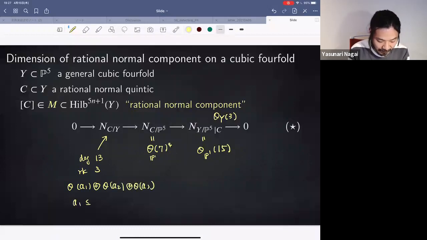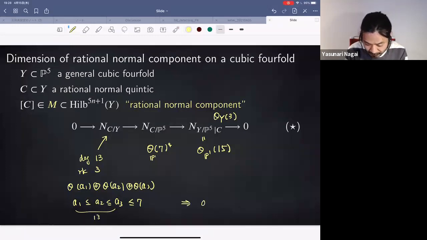And we can safely assume these relations, and of course this maps to this line bundle. So this degree is bounded by 7 from above, and the sum of these three numbers is 13. So this implies a1 is at least -1.